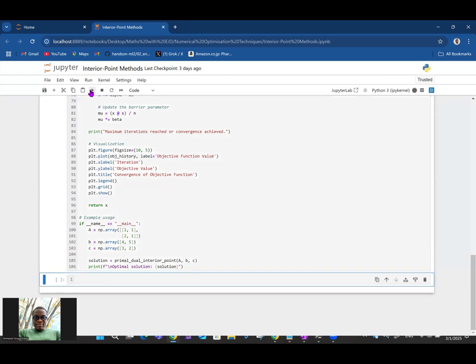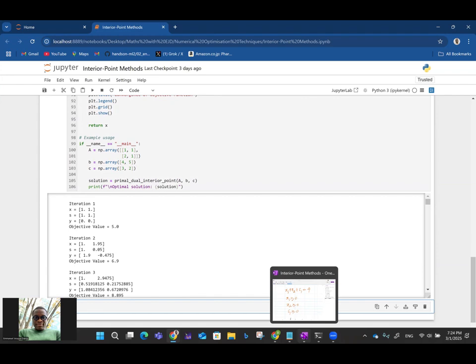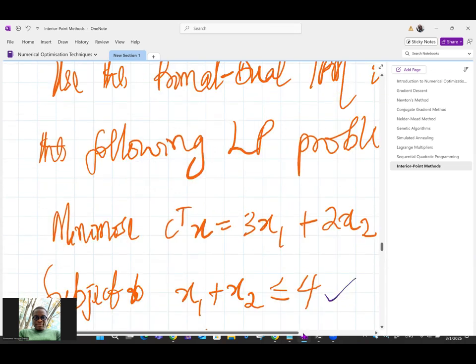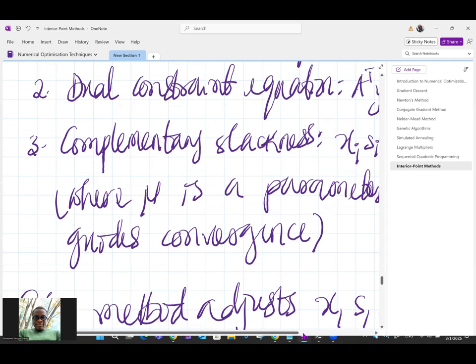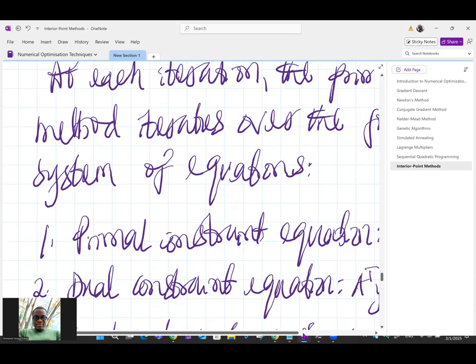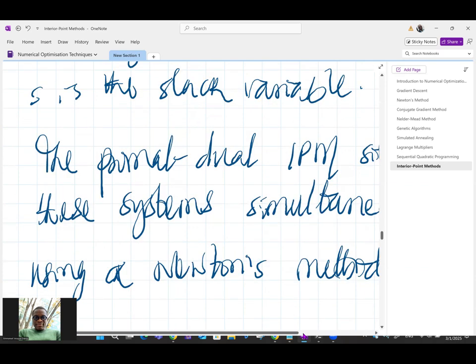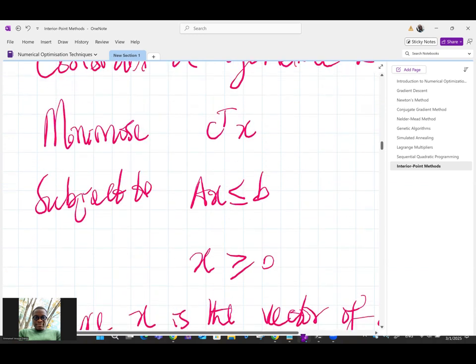So if we run this now, this is what we get. A itself is 1, 1, 2, 1, then 3, 2 here, and B is 4. So AX equals B is for the constraints in particular.